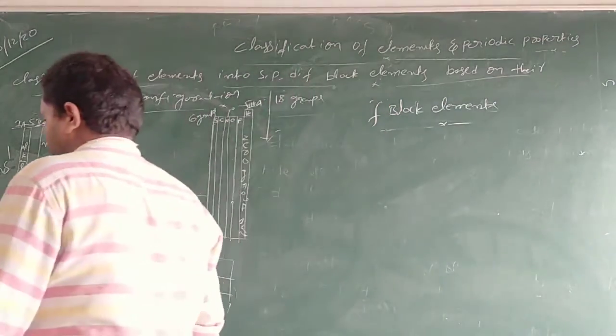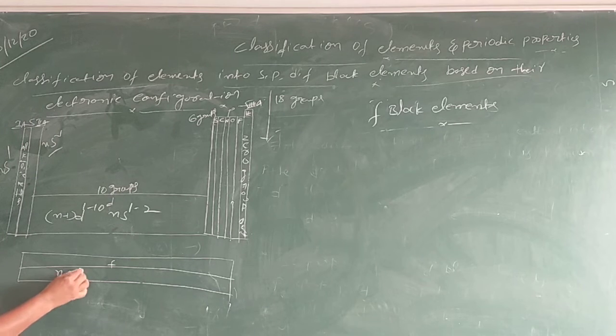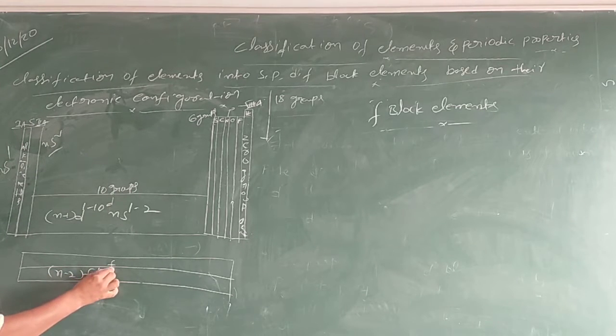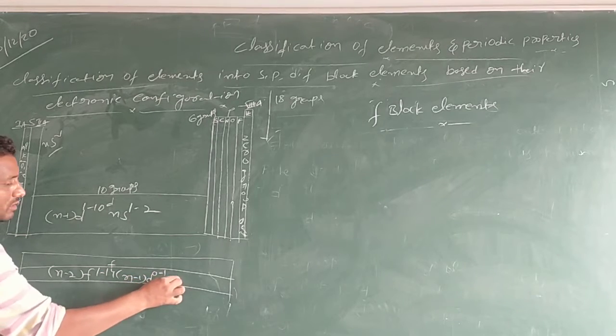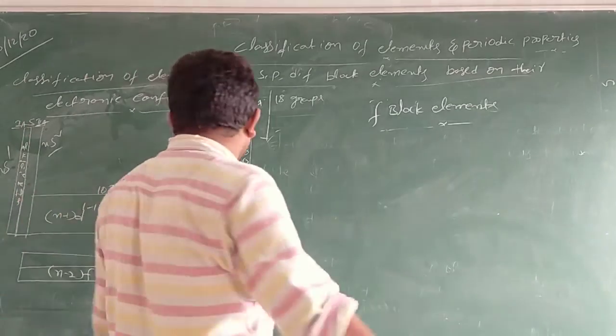F block elements. What is meant by F block elements? The outermost electronic configuration is (n-2)f 1 to 14, (n-1)d 0 to 1, ns2. So what are F block elements?